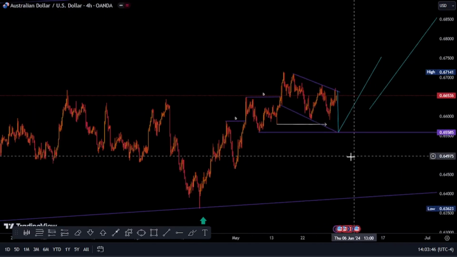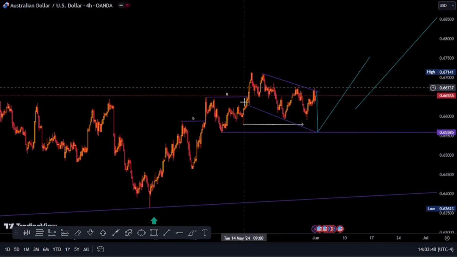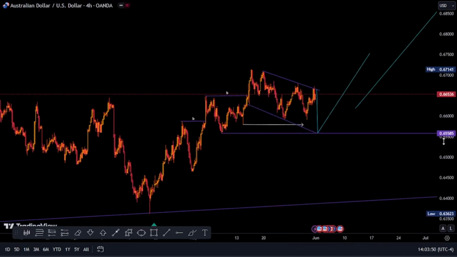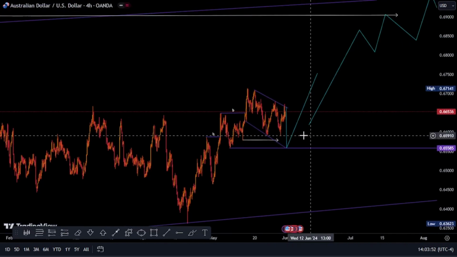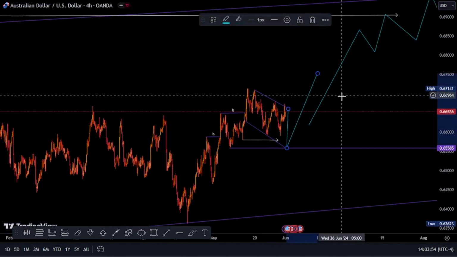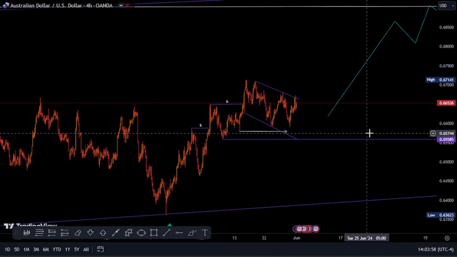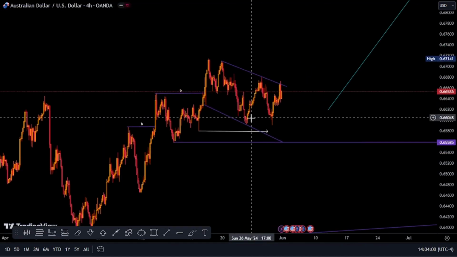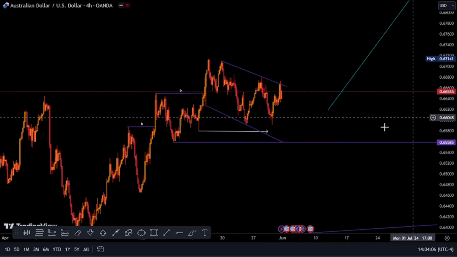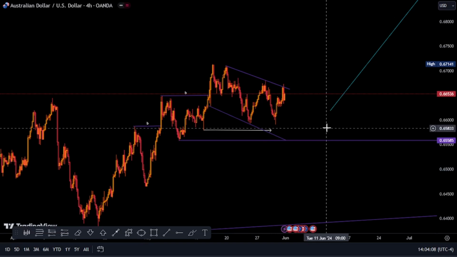Now this will be building a bigger volume to move all the way to the upside, if you get what I'm saying. If it will be a bigger correction like this. I'm not saying the market will move like this, but I'm telling you what it is that I'm looking at every time.